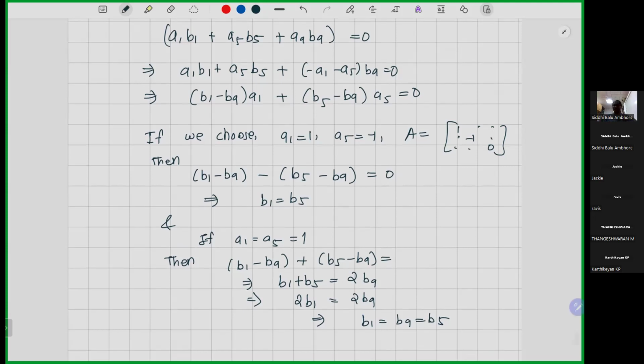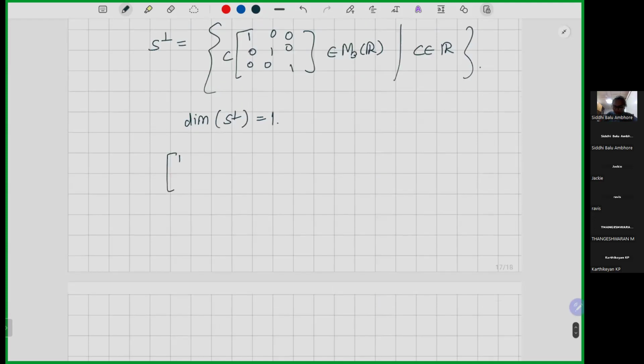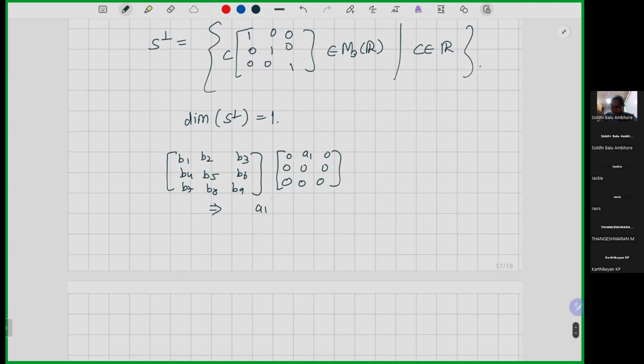Okay, so let me tell you one thing. What I just said is that if I have this B1, B2, B3, B4, B5, B6, B7, B8, B9, and I take this element with 1 in one position and 0 elsewhere, call it A1, then I need to take the complement of this.